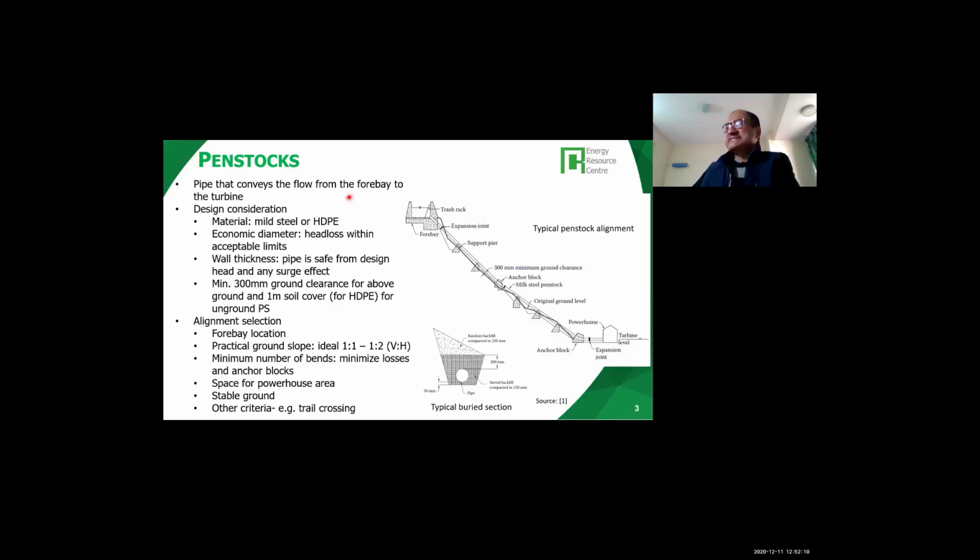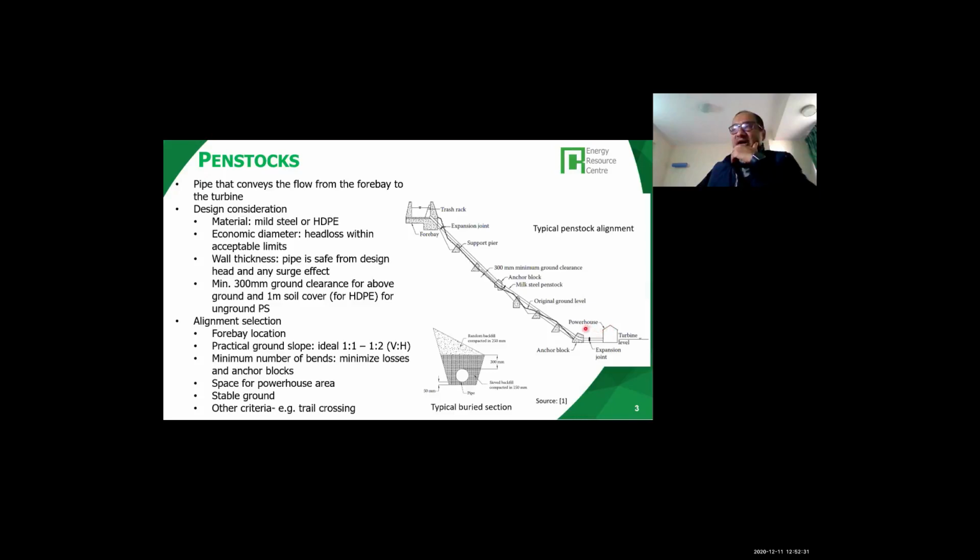Basically, the penstock is an important part of the hydropower project because it conveys the water from the forebay to the powerhouse over here, to the turbines.